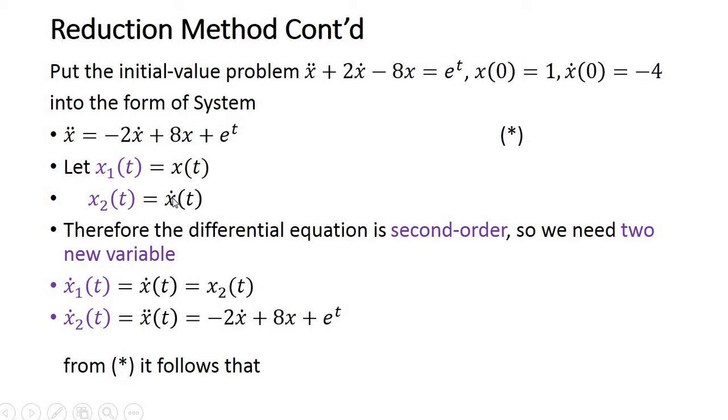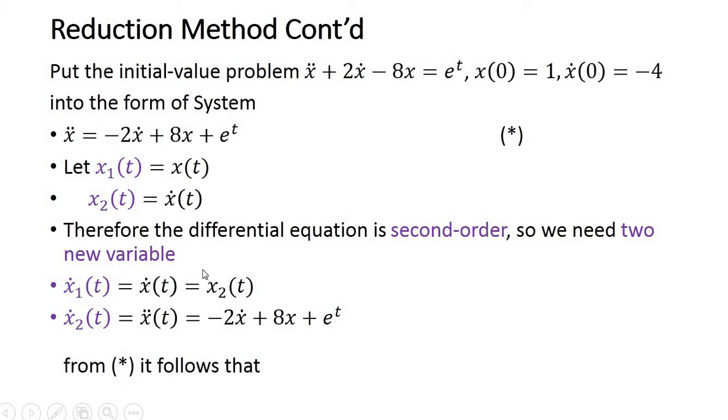If you differentiate this, you get x double prime of t, which we know equals minus 2x prime plus 8x plus e to the t. So now we have your two derivatives.